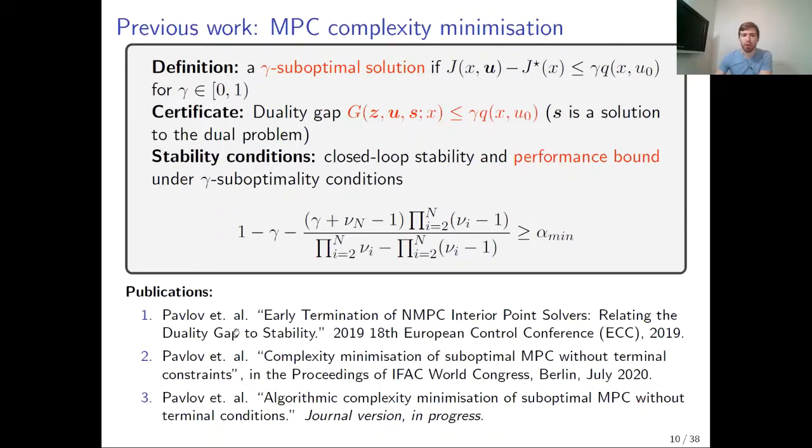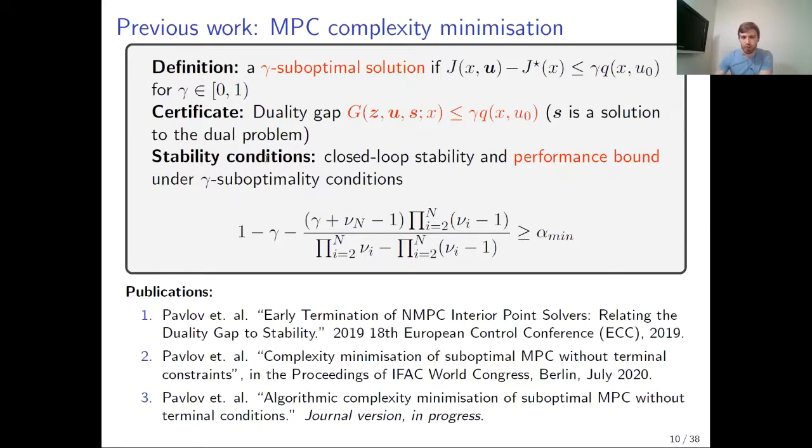In the following papers, we have considered an early termination criterion based on a duality gap measure and considered a so-called gamma suboptimal solution, which satisfies that the gap between the current objective function and the optimal objective function is less than gamma multiplied by the stage cost, where gamma belongs to the following interval.